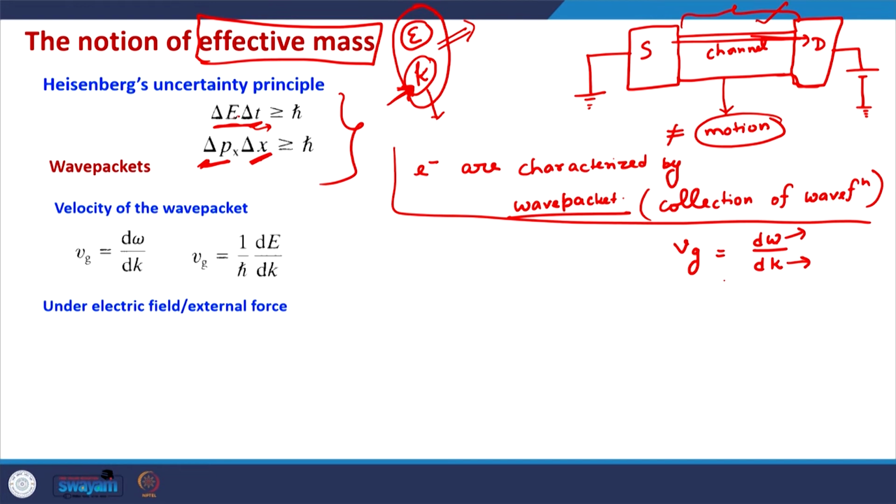For our case, energy equals h bar omega, which means Vg is 1 by h bar dE by dk.